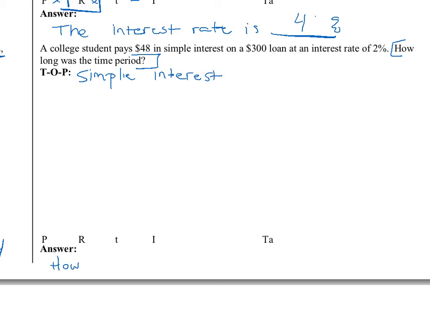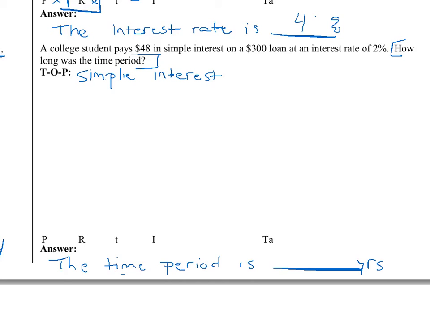So my answer sentence should be, copy the question: The time period is blank. What are the units of time always? Years. So when I solve for time, it's going to be in years.